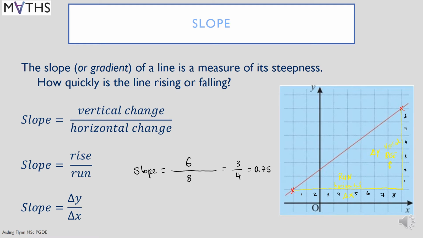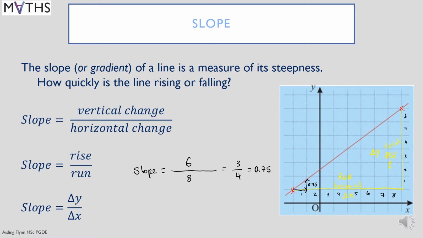Now what does that mean? It means for every unit in the horizontal direction you go, so if you go across 1 unit, you should rise up 0.75 of a unit to remain on your line, and that gives us the slope of the line.